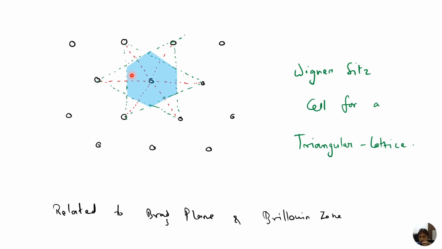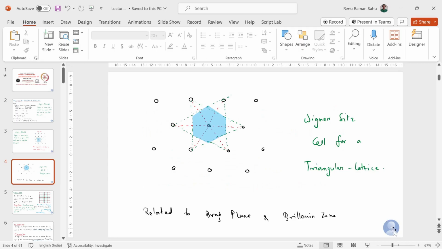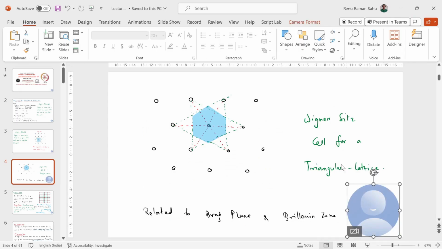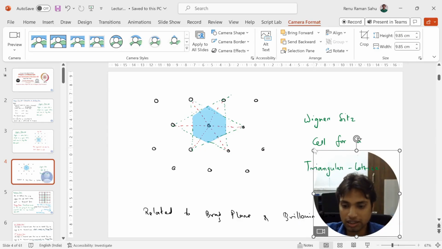If you take 2 points, for example, the 2 ends of this pen, the pen is the line joining the 2 lattice points, and you want a perpendicular bisector right in between.